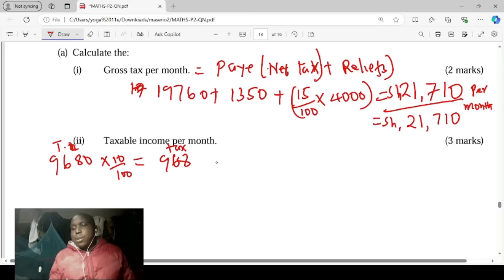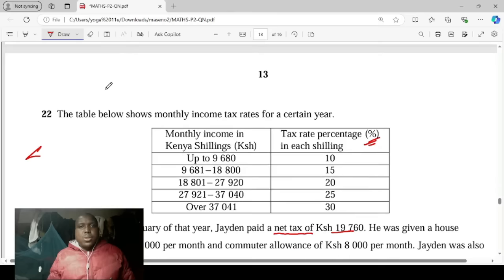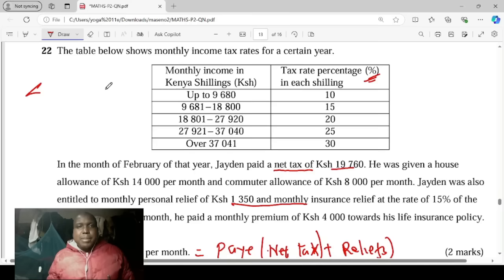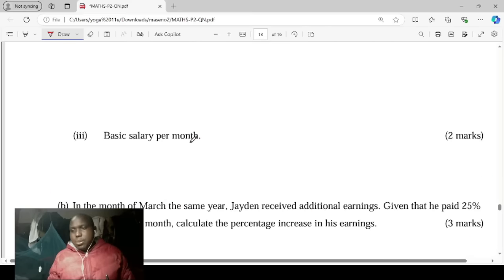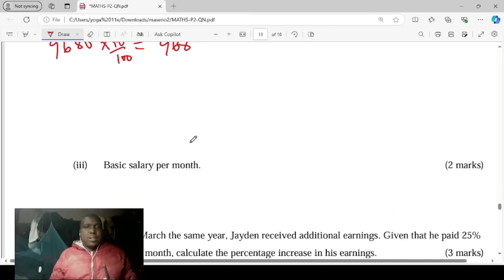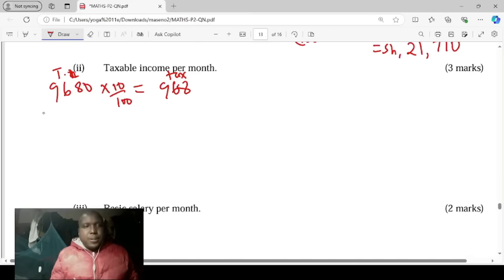So next you subtract to go to the next slab. You subtract 18,800 minus 9,680, which gives you 9,120. So 9,120 times the next rate, 15 over 100, because it is in percentage form.